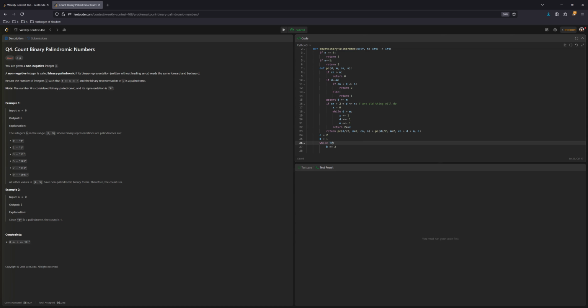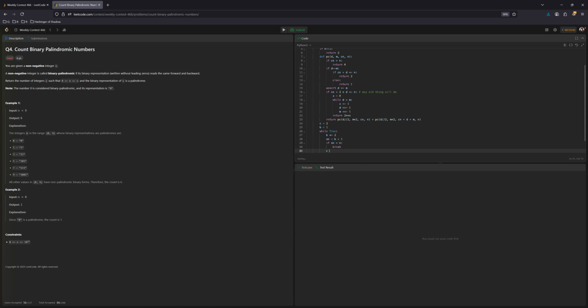So it is still lesser than n. I don't think we need to do this. I think we can just do this. Okay, so starting number equals, well, just b plus 1, right? Yeah, of course. All right.